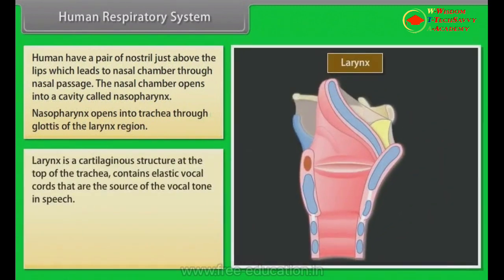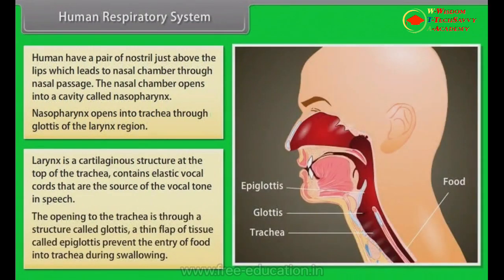Larynx is a cartilaginous structure. The top of the trachea contains elastic vocal cords that are the source of the vocal tone in speech. The opening to the trachea is through a structure called glottis. A thin flap of tissue called epiglottis prevents the entry of food into trachea during swallowing.